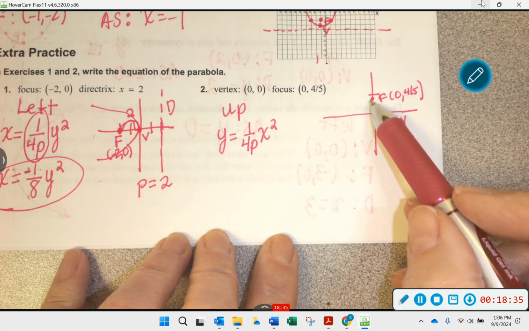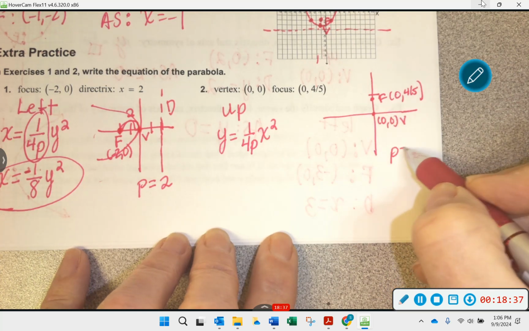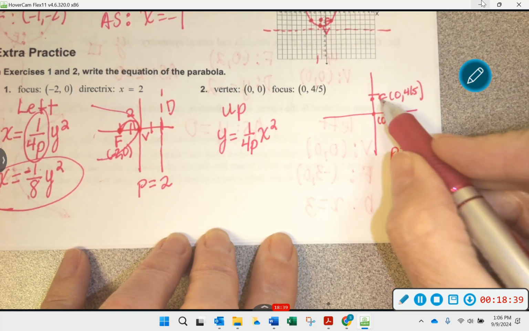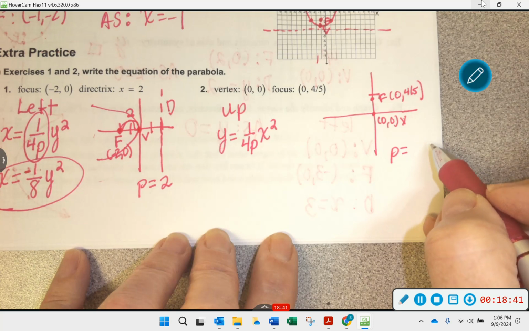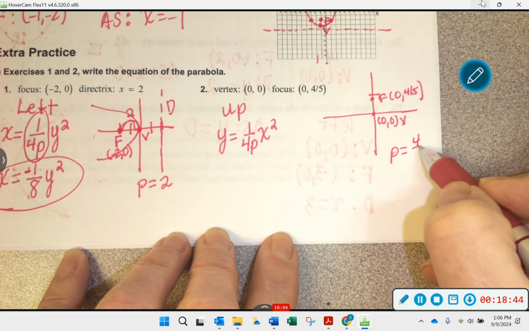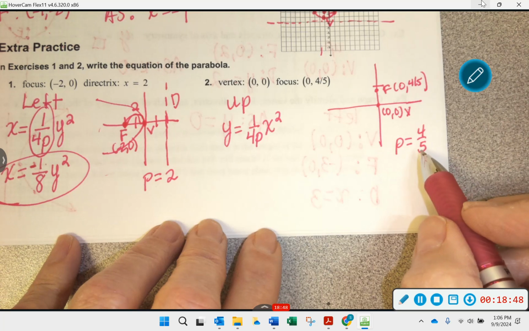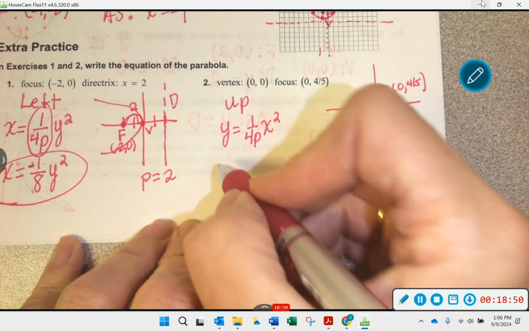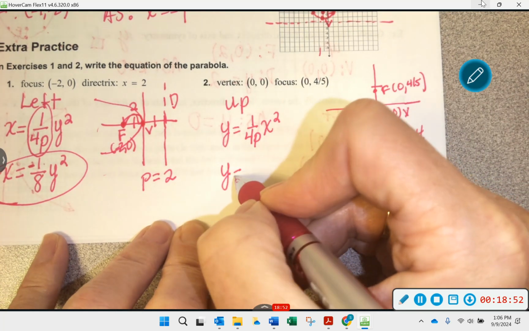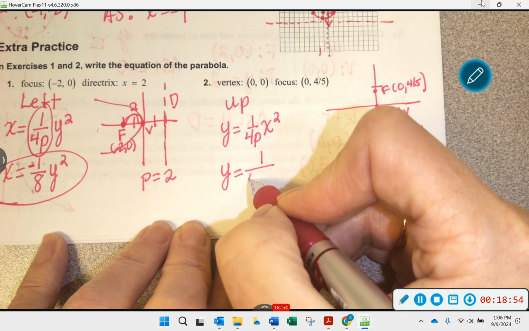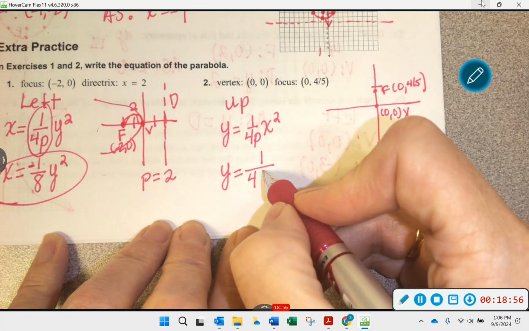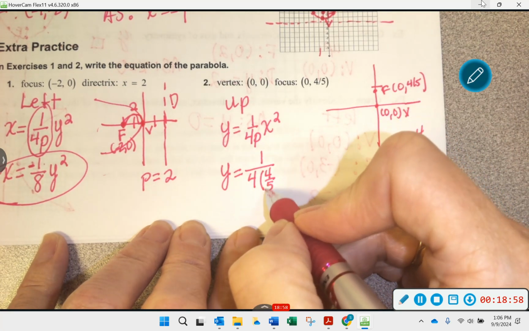Well, what in the world is our p-value? It's the distance from the vertex to the focus. What's that p-value? 4/5. Not fun, but this is honors. So we're going to handle these fractions and not be afraid of them. So we're going to have y equals 1 over 4, and I have to plug in a p-value of 4/5.